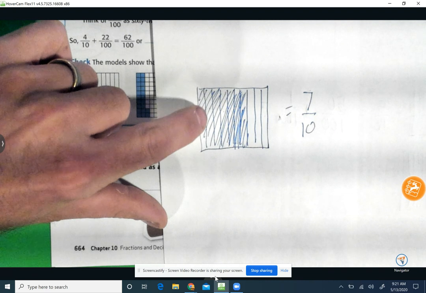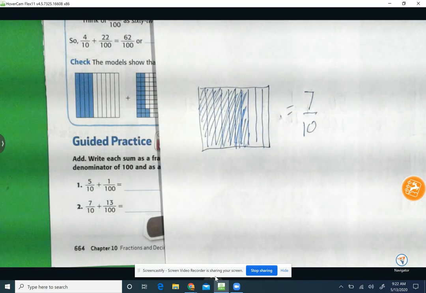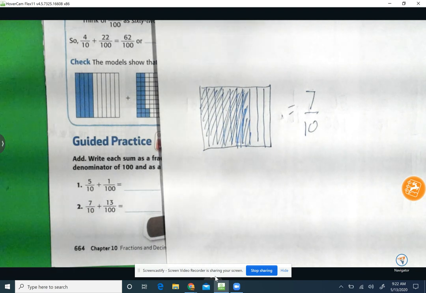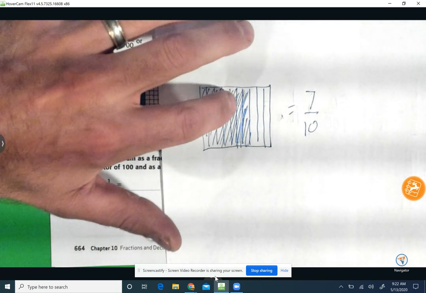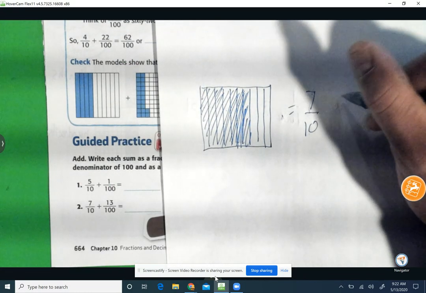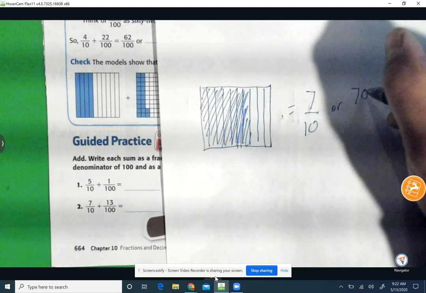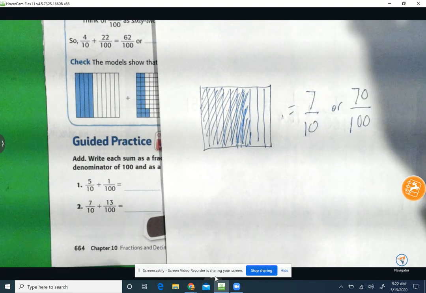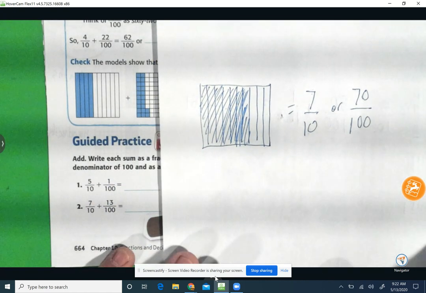Because then we have 10, 20, 30, 40, 50, 60, 70, 80, 90, 100 by the end if we have 10 little cubes in there. But if we want to convert 7 tenths to a fraction over 100, we're just going to do it until we get to 7. So then we have 10, 20, 30, 40, 50, 60, 70 little tiny cubes out of 100 cubes. Okay? Or 70 100ths. And again, we just added a 0 to the numerator as well as to the denominator.